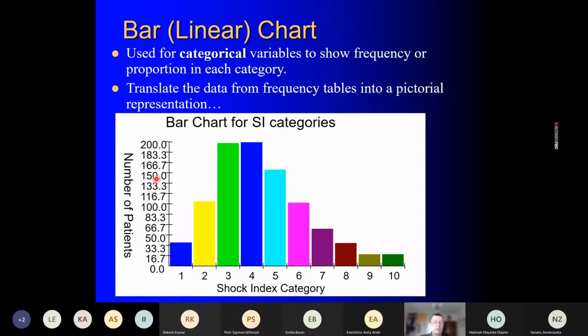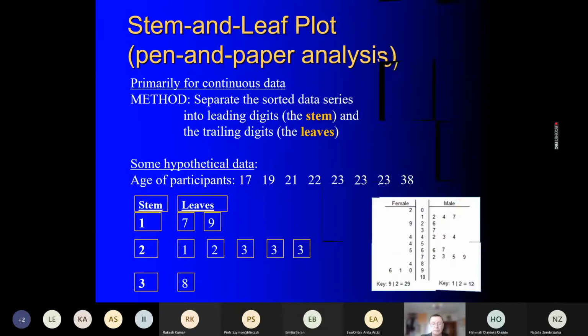And we have an assessment of how many patients suffered this kind of shock index. In this case, we have a bar chart, which also plays the role of a frequency distribution for our data set. More about distribution, I will speak about in the second part of this lecture when we talk about hypothesis testing.